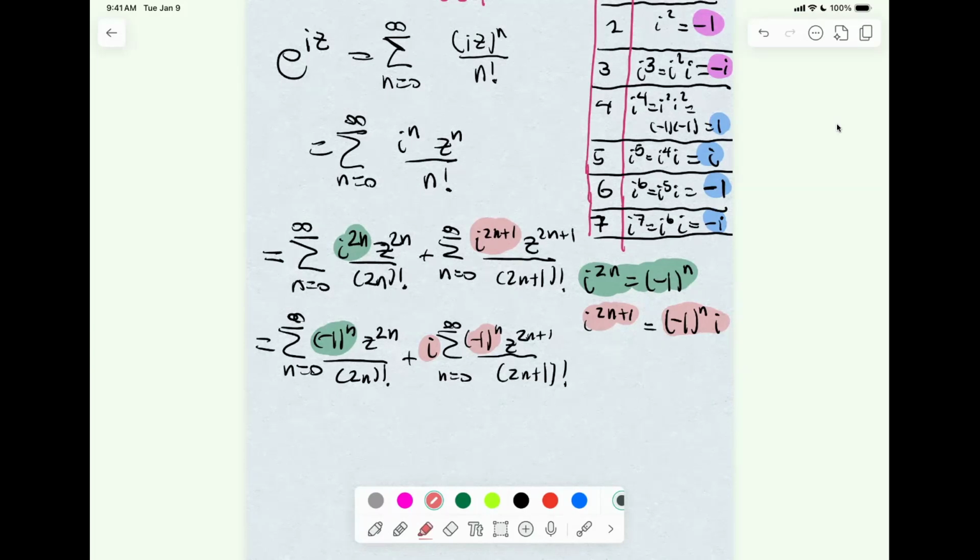That's how this is all equal to e to the iz.